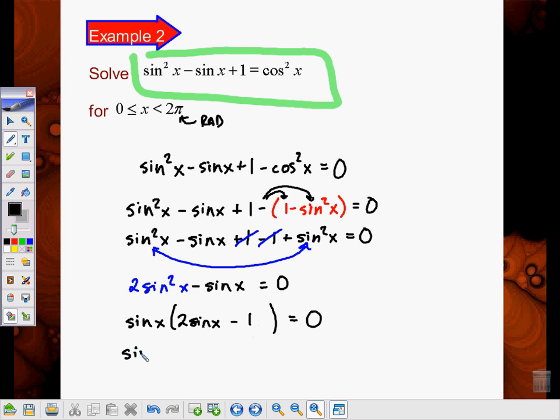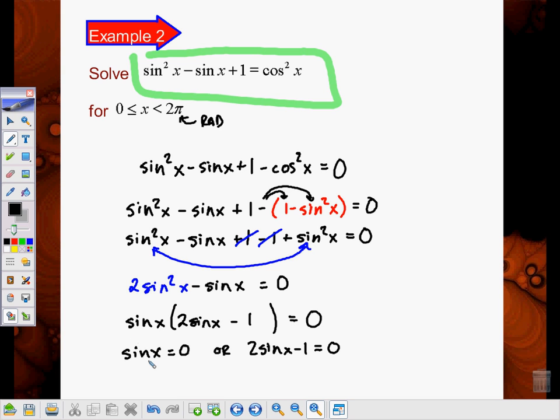So that tells me either sine x is equal to 0 or 2 sine x minus 1 equals 0, or both.